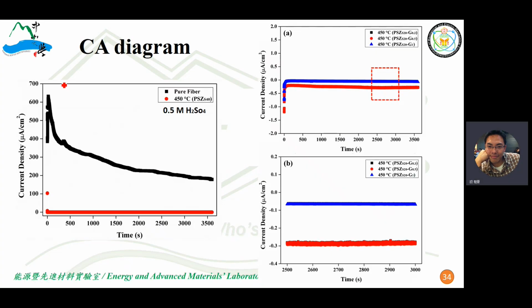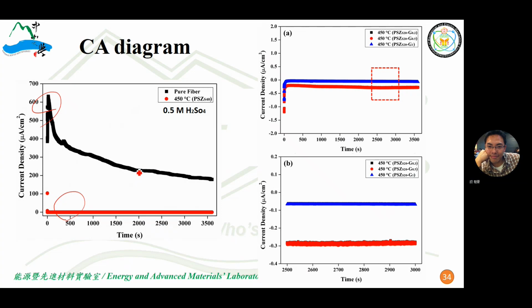This is the pure carbon fiber in 0.5 M sulfuric acid, and this is the coating of 40% of the preceramic precursor pyrolyzed at 450. Enlarging the scale, you can see it's quite stable.